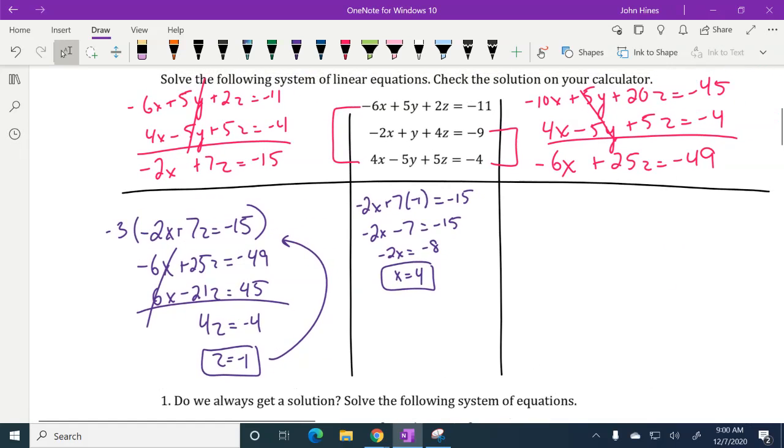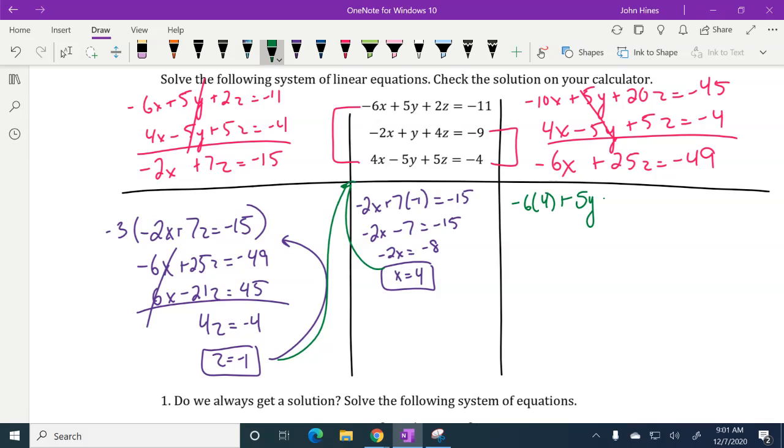Now we get to go back up to algebra 2 land, where I take both of these and plug them in. Doesn't matter which one I plug them into, but I need to pick my favorite equation of those 3 and plug it in. I'm going to do the top one. Negative 6, I know what x is, plus 5y plus 2z equals negative 11.